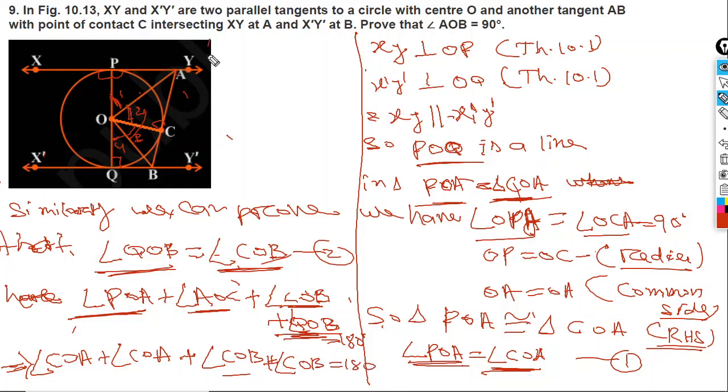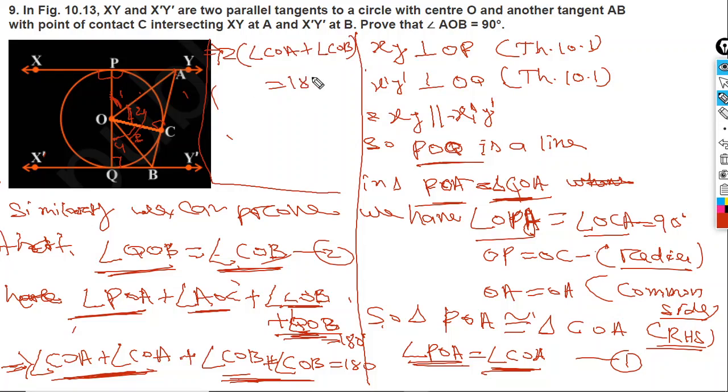Okay, then we'll write it here. Implies, here you see 2 angle COB plus 2 angle COA. So you can take 2 as common. 2 into angle COA plus angle COB equals 180. Implies you can divide by 2 on both sides. Here you see angle COA plus COB.